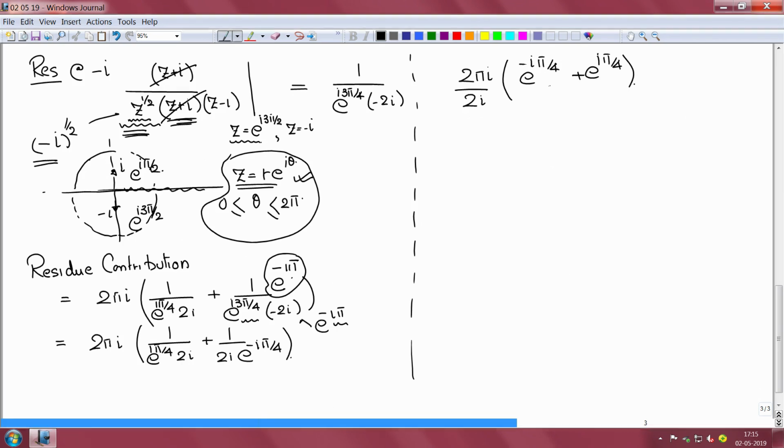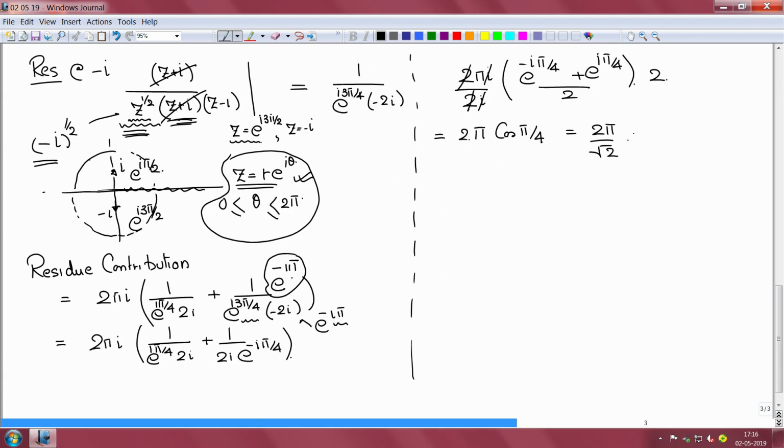Okay. If I divide this by 2, multiply by 2, cancel twice I, I get pi into 2 cos pi by 4. This is equal to twice pi by root 2.